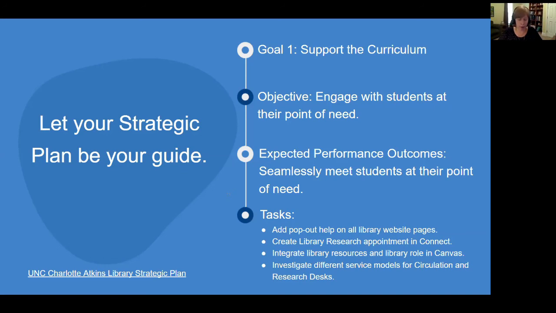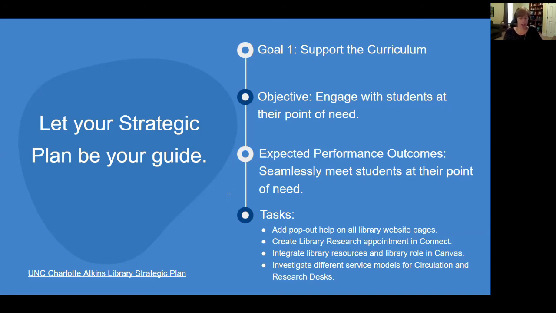So back to the question on the previous slide, how can I get started with assessment? It may seem like there's a million things to assess because we have data everywhere. And there are a lot of things to assess, but instead of getting overwhelmed, I recommend thinking differently.